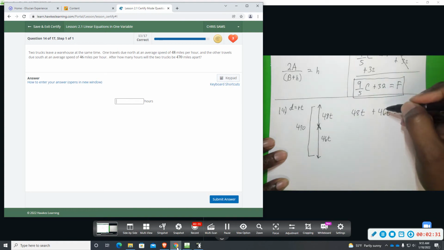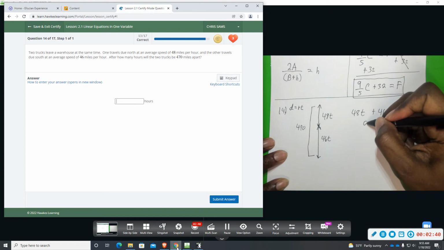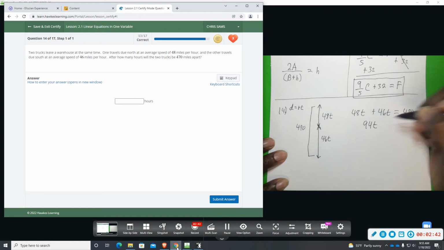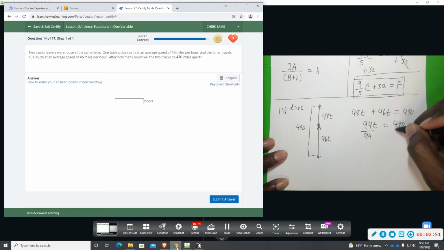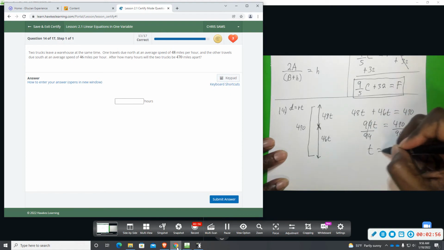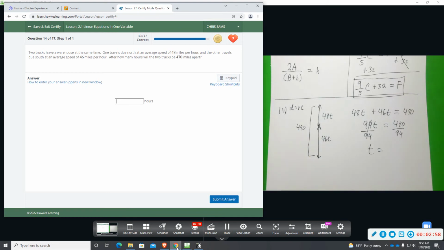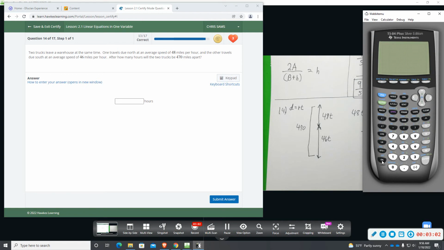So when I add these two, that's going to give us 94t is equal to 470, and then we're going to divide by 94, and it's going to give us the time. Divide by 94. So t equals, and I'm just going to use the calculator this time to figure out 470 divided by 94.